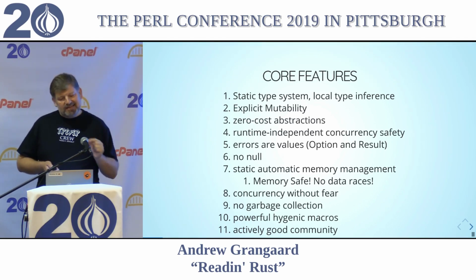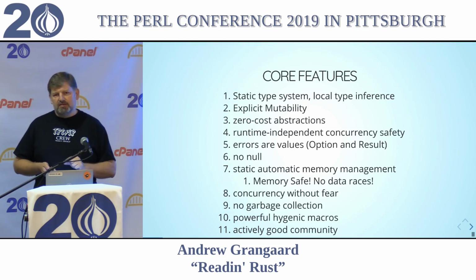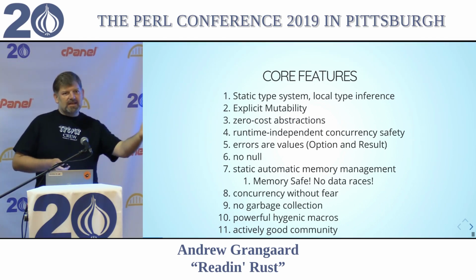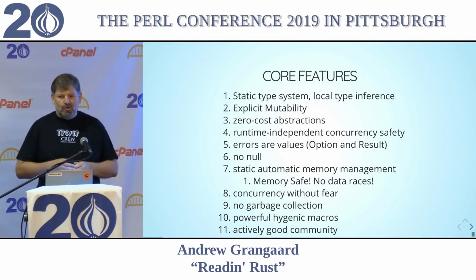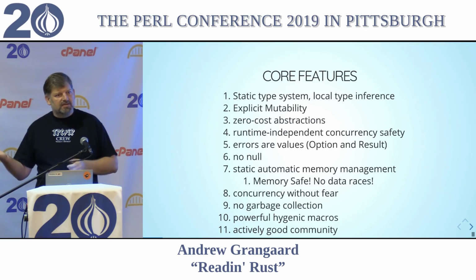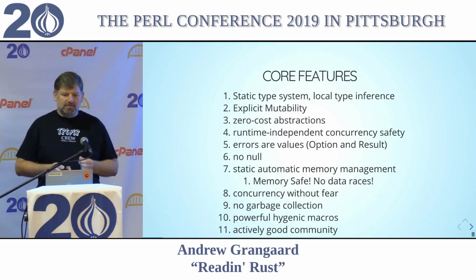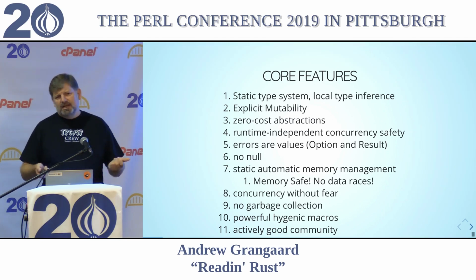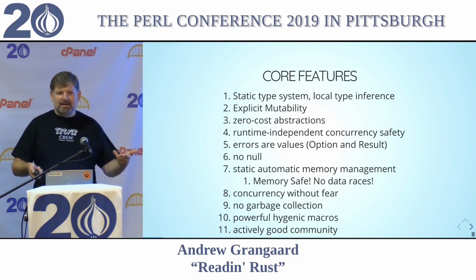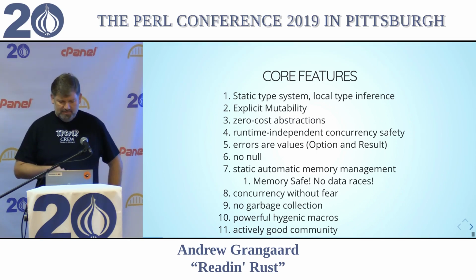On the bright side, it is a static type system with local type inference, which means if you've come from, say, C, where you have a weak type system that really doesn't do anything for you, or from Java, where you have a very strong type system where the computer does nothing to help you and you have to write out everything all the time and be very explicit, you will find that this is happily in the middle. You don't get as much type inference as you would get from Haskell, but you get something you can compile and execute, so that's a plus.